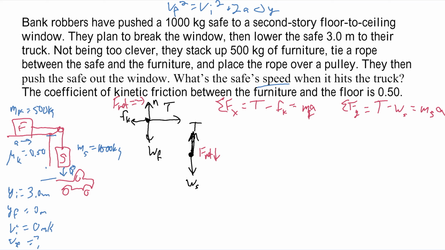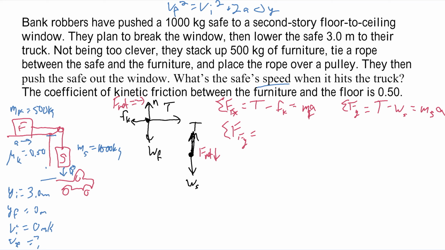So how come you don't have to include sum of the forces in the y direction for the furniture? You only did it in the x direction. I haven't gotten there yet. Oh, okay. Sum of the forces for the furniture in the x direction, sum of the forces for the furniture in the y direction.